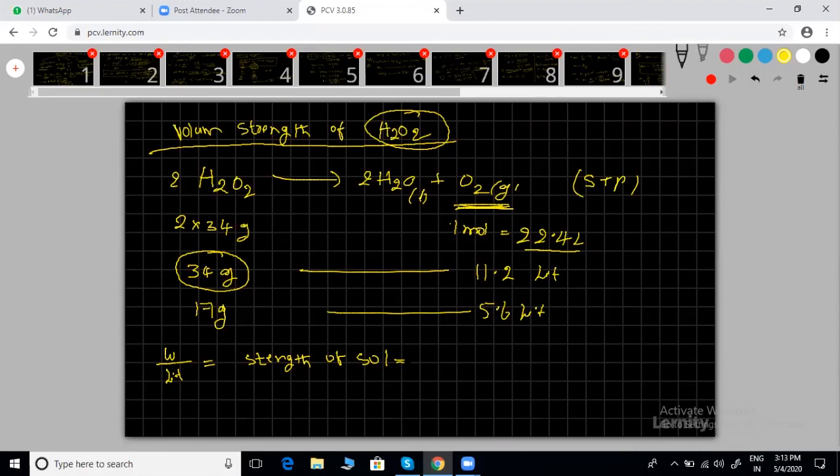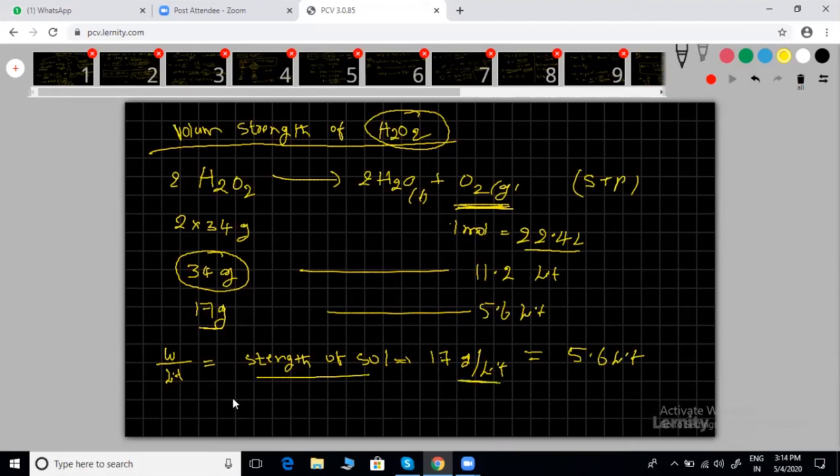So the strength of solution here is 17. See, if 34 grams is 1 mole, and if I take 17 grams, it means 17 gram per liter. 17 gram per liter equals how much volume are they providing? 5.6 liters. If you take 34 grams per liter, it means 11.2 liters. This is the strength of solution. Keep in mind, gram per liter.